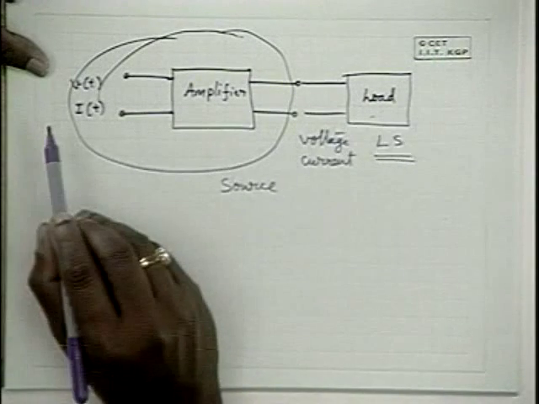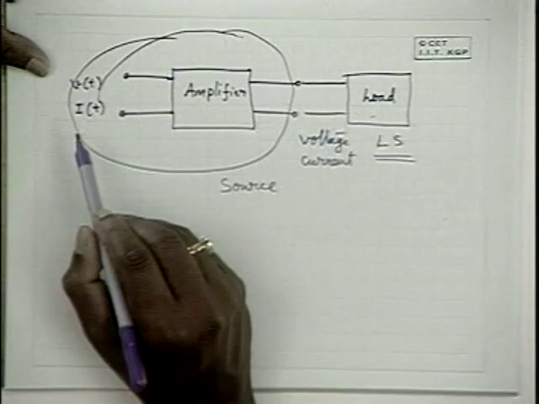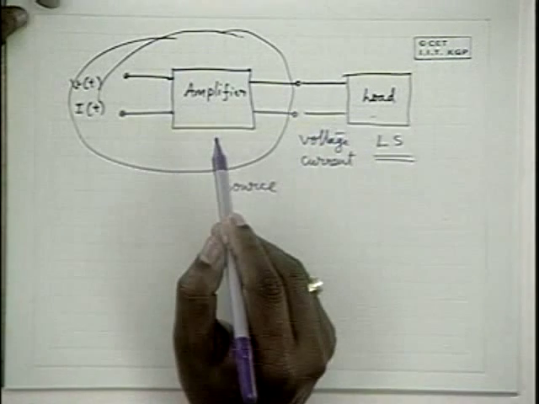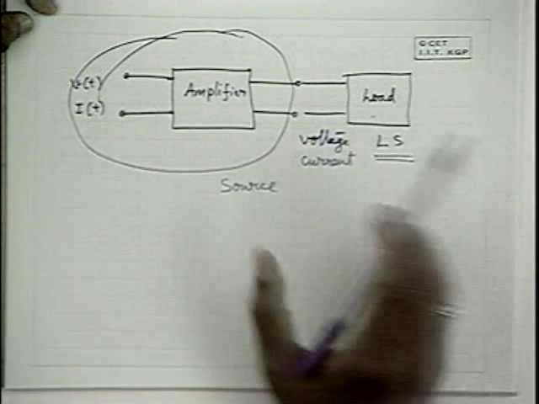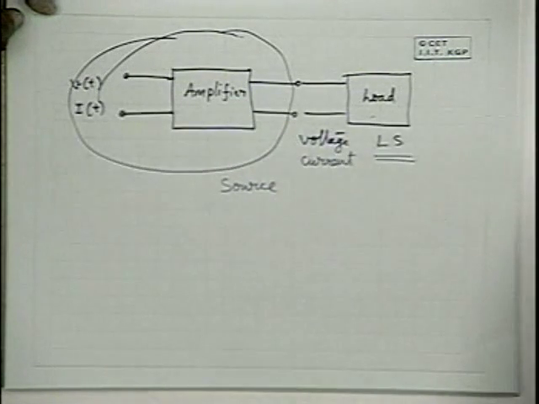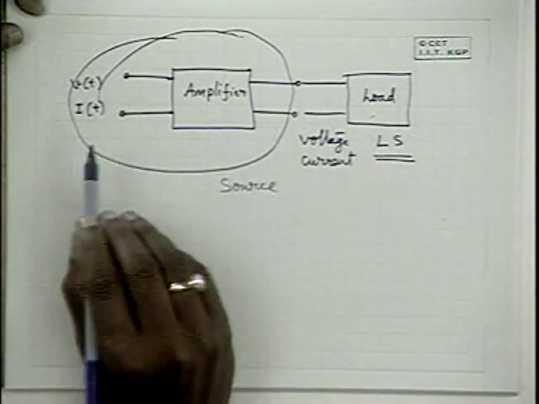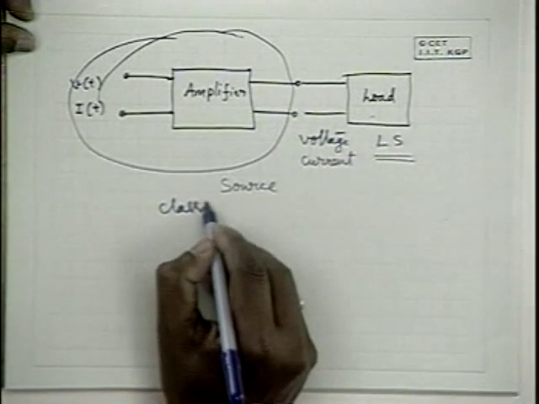The gain of the amplifier in that case is current divided by voltage, which has the units of an admittance. Hence, it is also known as a transadmittance amplifier. So by this classification, you have different combinations possible, and let me give you that classification.